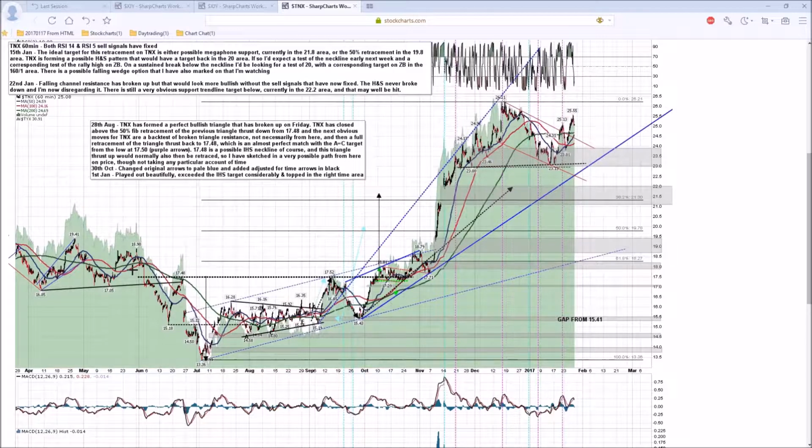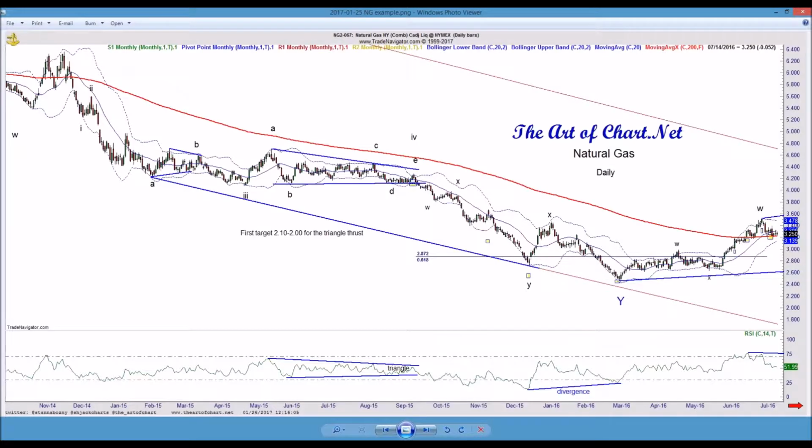Yeah, I think you just answered the question, Jack, and I'll show another example just to make sure it's answered. By the way, triangle measurements are very inaccurate. Let me just first of all say that. You have to look at the impulse, what's coming into the triangle. See this large impulse here coming into this triangle?